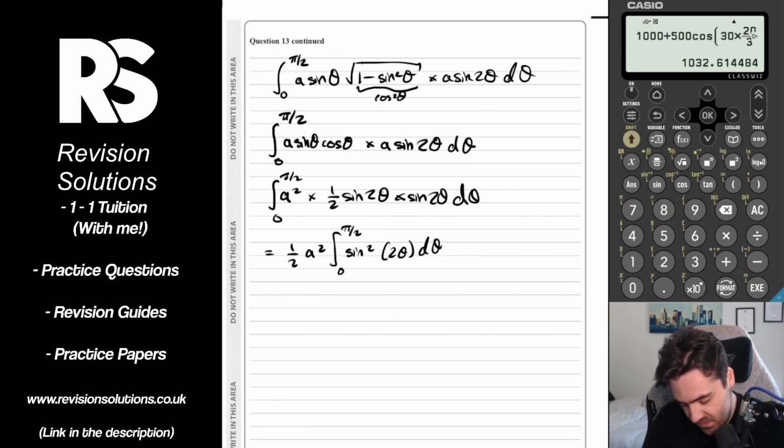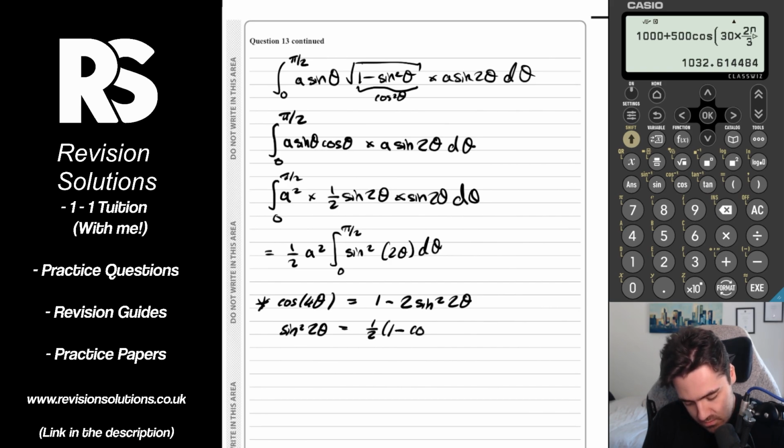So cos 4 theta, using our double angle formulas, which way around is it, sorry? It's 1 minus 2 sine squared 2 theta. So if we rearrange for sine squared 2 theta, that's going to be a half of 1 minus cos 4 theta.